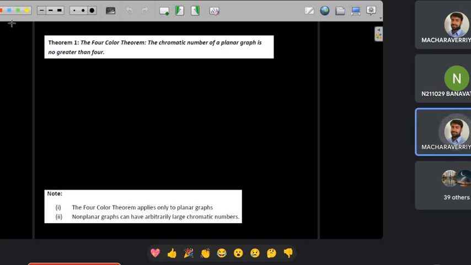So if the graph is a planar graph, maximum we need 4 colors, that's it. You take any planar graph, that can be colored with maximum 4 colors. Not maximum, sorry, minimum 4 colors. Maximum you can use as many colors as you have vertices. Okay, so I must say minimum.